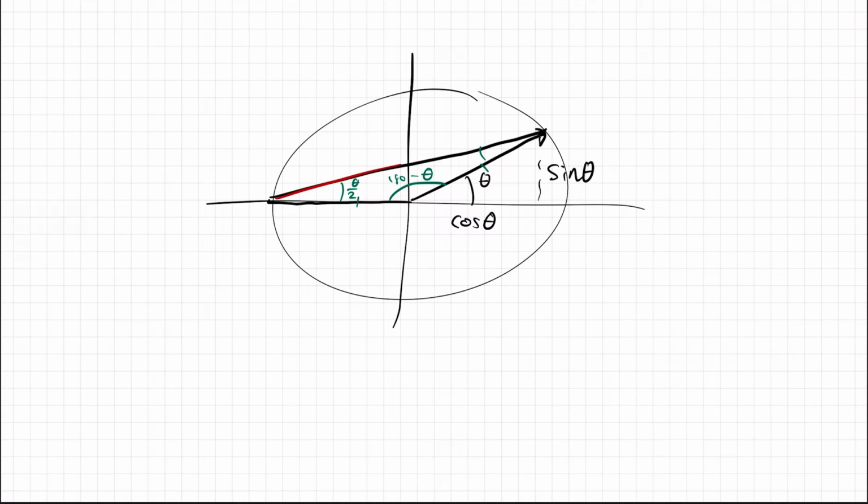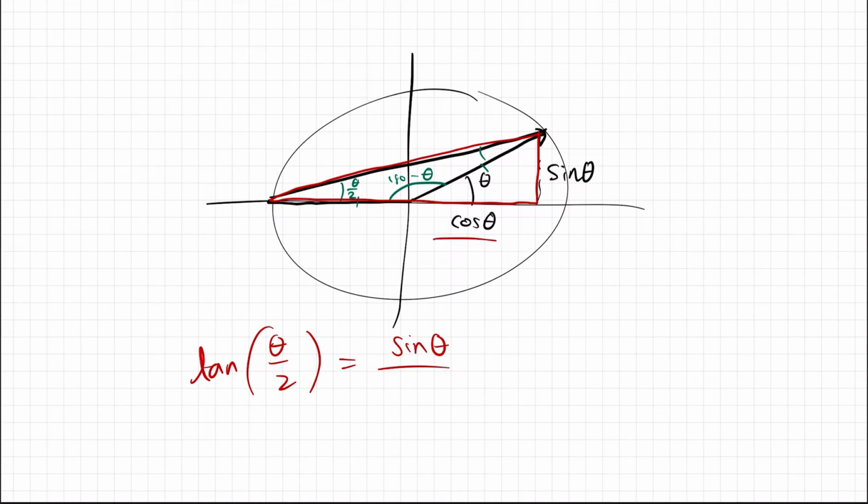Now, if we look at this triangle here, let me just make this triangle a bit clearer, we can see tan of theta over 2 must be equal to opposite over adjacent, so sine theta over cos theta plus this bit here, 1 plus cos theta. And there we go, we've proved it.